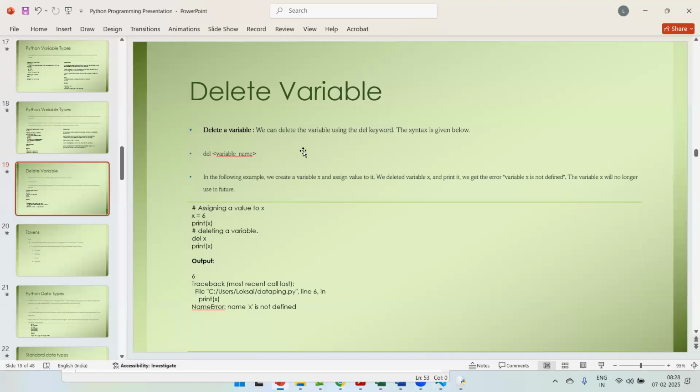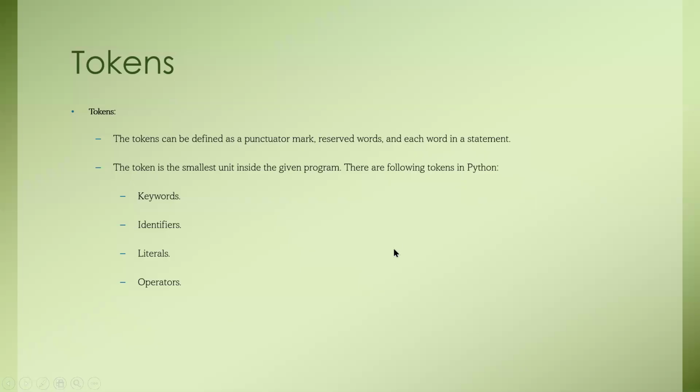All right. So the next concept related to Python is tokens. Tokens can be identified, or used as reserved keywords or any word in a statement. As I said already, Python has some reserved keywords, so you can use the reserved keywords and manage your program.